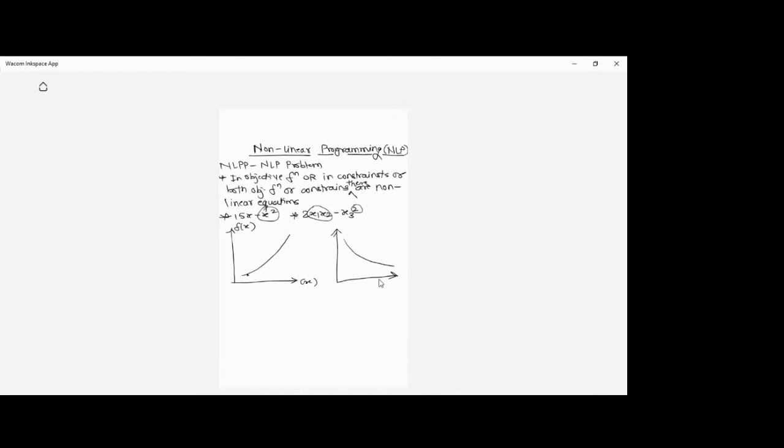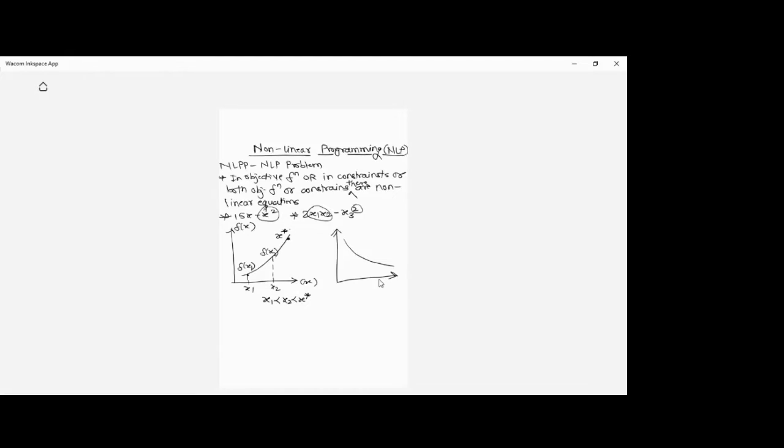So maybe here you have x1, and somewhere here you have x2, and let's say this is your optimal point x star. Here it is f of x, here f of x1, and here f of x2. In this structure, x1 is less than x2 is less than x optimum. Even here, we can say it in the other manner.